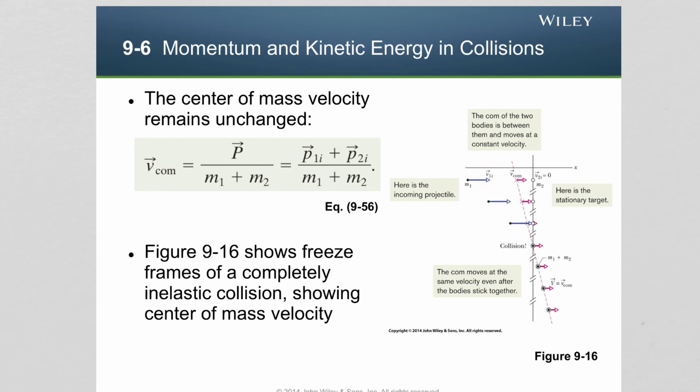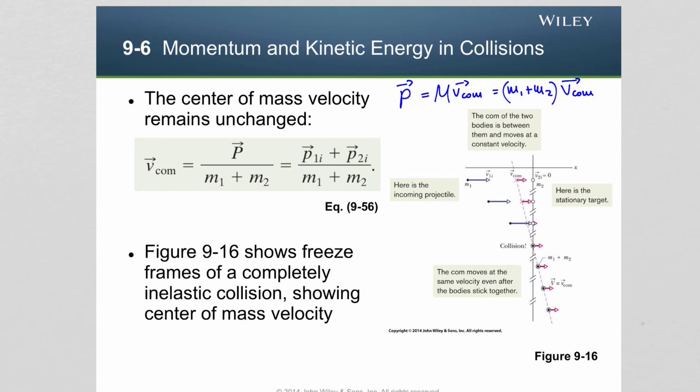And so then for the system of particles, we can say that the total momentum P is equal to the total mass of the system m times vcom, or in other words, this is m1 plus m2 times vcom. Well, then I can rearrange the terms here to get an expression for vcom, and that simply becomes vcom is equal to P divided by m1 plus m2.